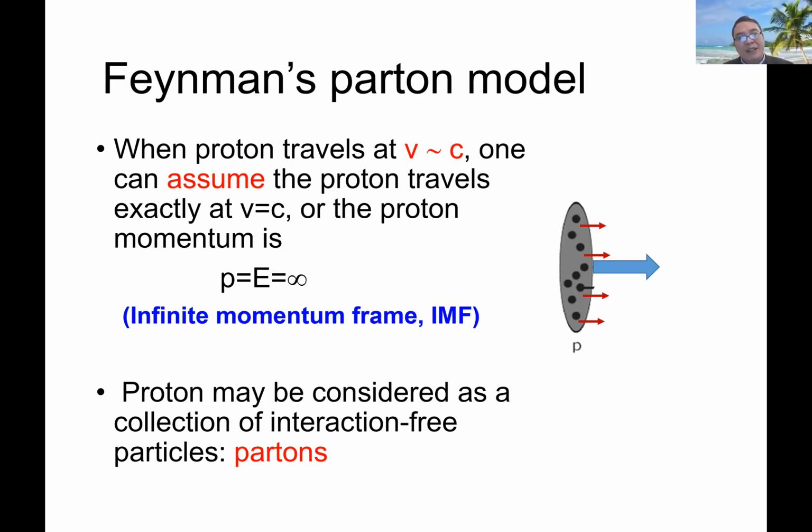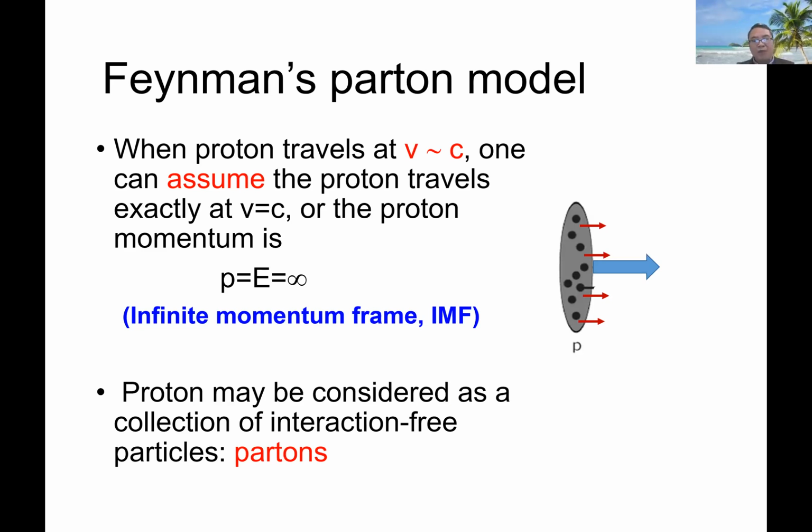So the Feynman-Parton model in a nutshell is to approximate a proton traveling at near speed of light by one that actually travels at the speed of light. So in this case, you would have energy and momentum equal to infinity. And that's why people introduced the concept called the infinite momentum frame.